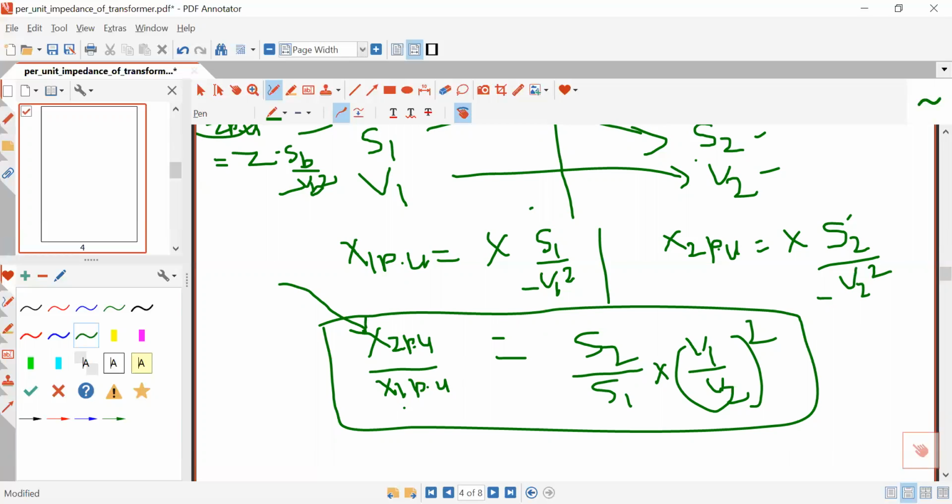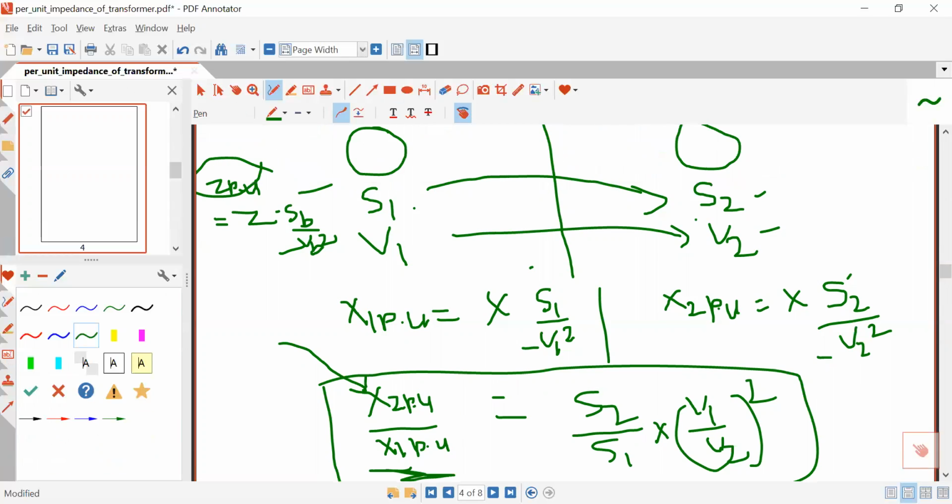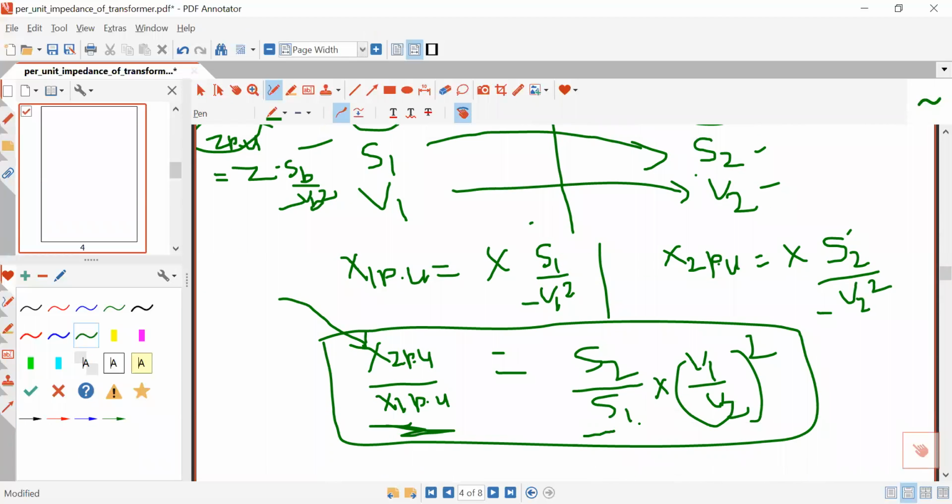You must remember here, X1 is given, S1 is the base value at which X1 is given, and V1 is the base voltage at which X1 is given. And S2 is the base value at which you are going to calculate the new reactance, and V2 is the new base voltage. So by using this formula, you can easily calculate the value on some new basis.